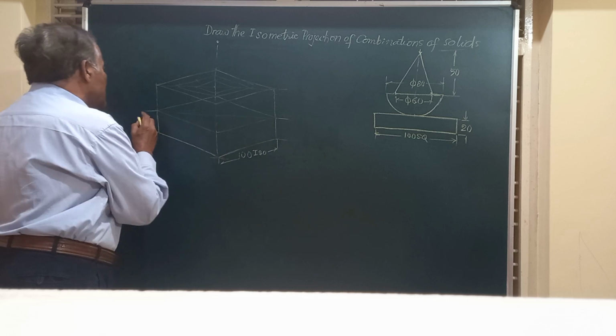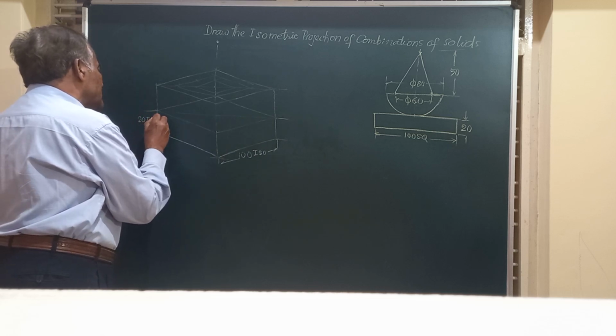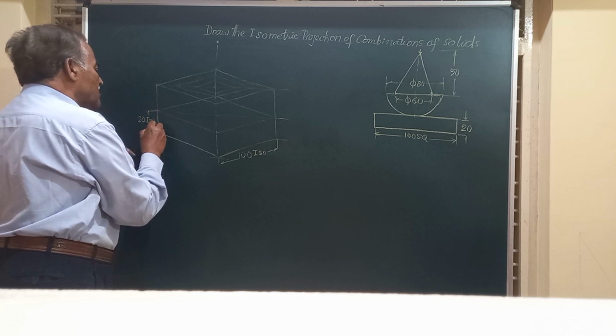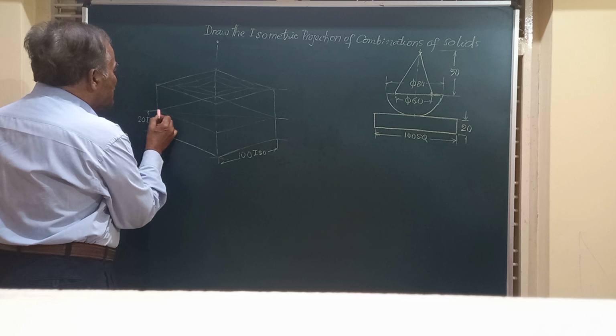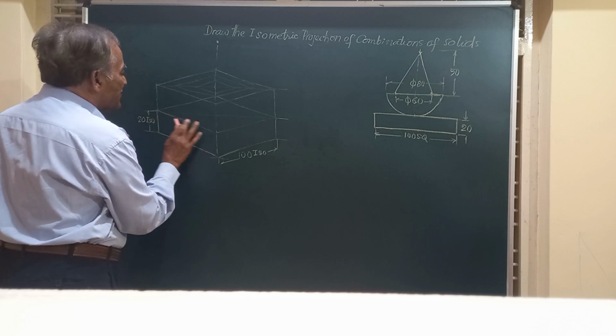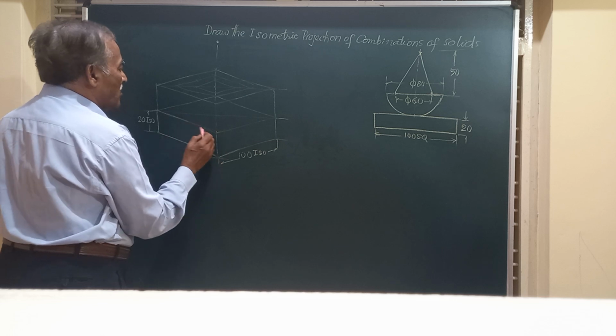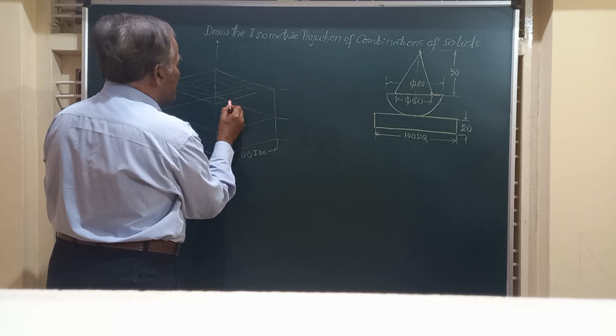That's given there, so I will call it 20 ISO, the height of that block. So friends, I can simply draw some thin lines to show the top surface of this block. So something like this. Again a line from there.